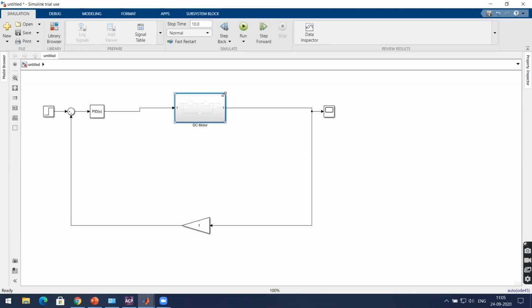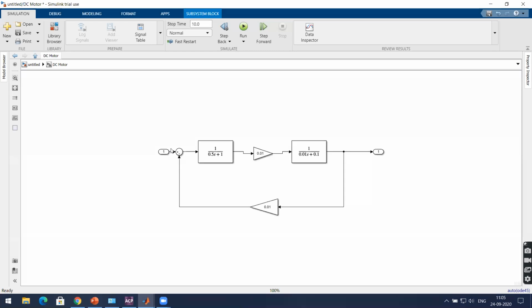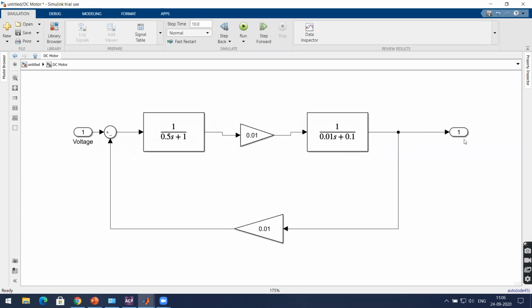I'll just make it a little bigger. So what you see here is the motor. If you click here, you can say what your input is. Input is voltage, and output you can say as radians per second, omega.